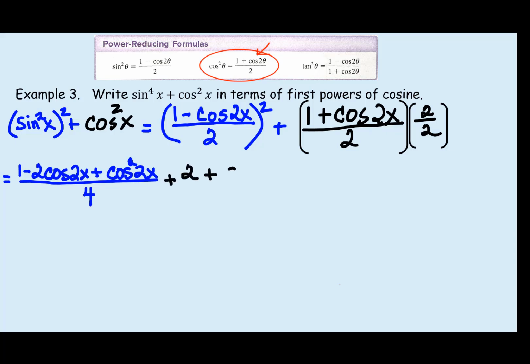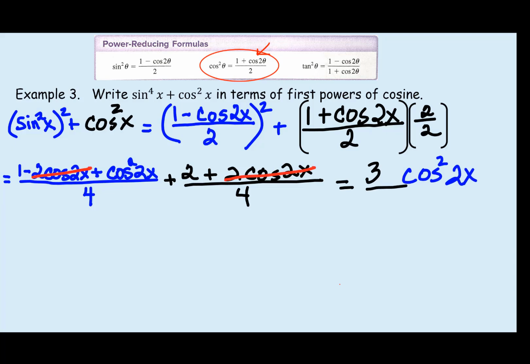And then we've got 2 plus 2 cosine 2x over 4. So now we have the common denominator, and we can just add the numerators. And since we can do that, we've got a negative 2 cosine 2x up there and a positive 2 cosine 2x. Those cancel. And so we're just left on top with 3 plus cosine squared 2x over 4.